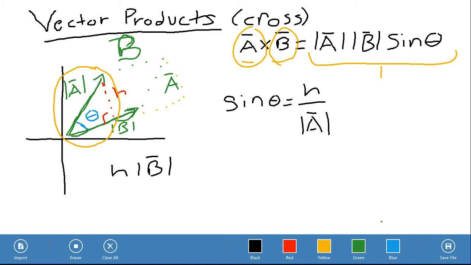And so we have sine theta equal to h over the length of A, and now we can plug that back into the formula on top.